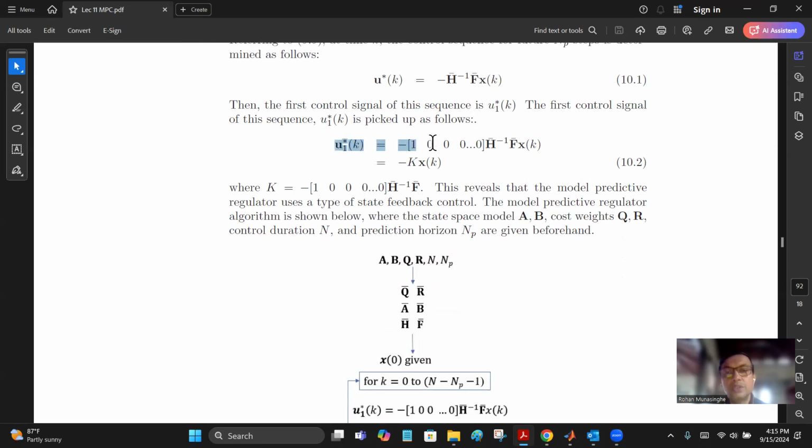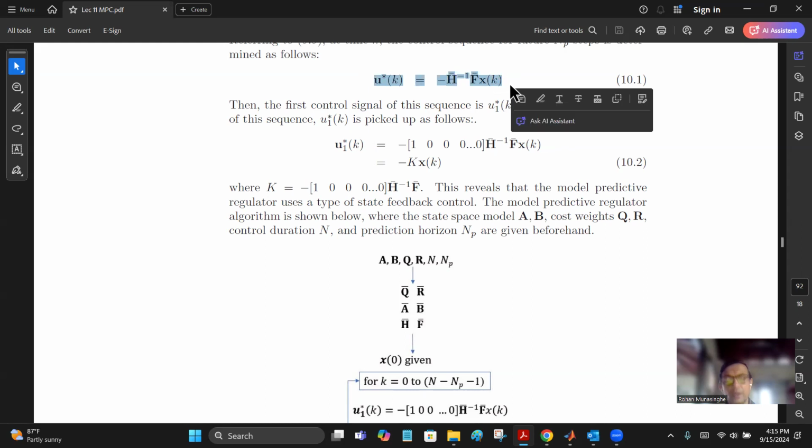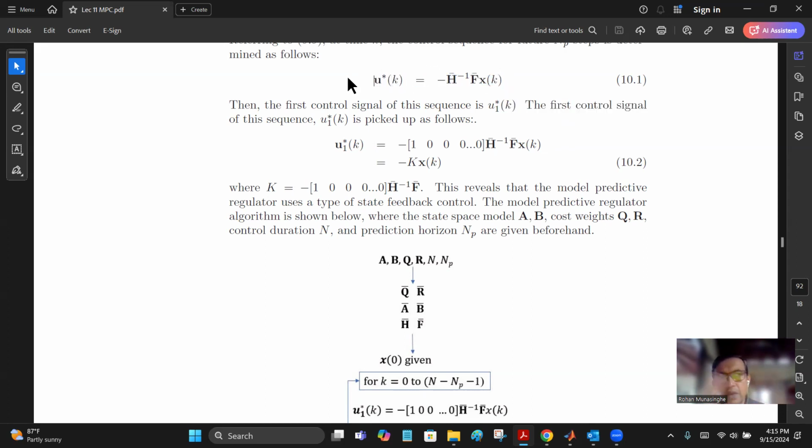Now we introduce this equation. When you have the control sequence calculated over here, U star has n number of elements, n number of control signals. In our illustration earlier, you saw that it's a 4-step prediction horizon and a 1-step control horizon.